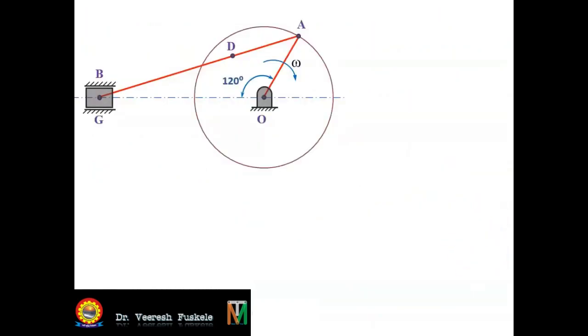So to draw the velocity diagram, we take up a point which will have the marking O and G, as O and G are the fixed points in the mechanism. So we are given the angular velocity of OA. So by the use of angular velocity, we can calculate the linear velocity of the link OA, or the velocity of A relative to O as follows.